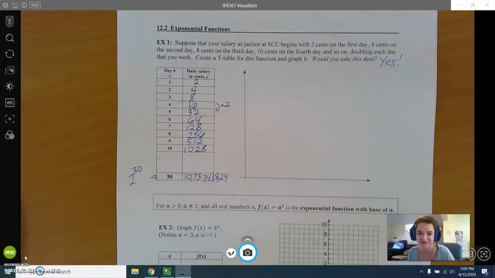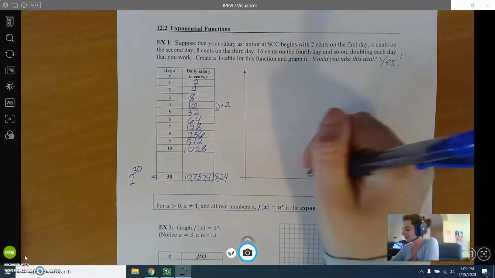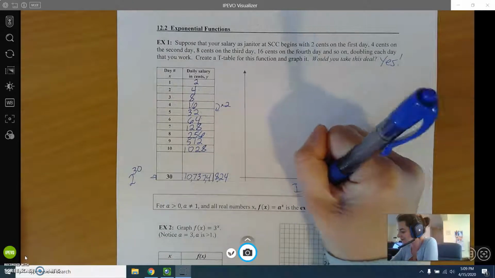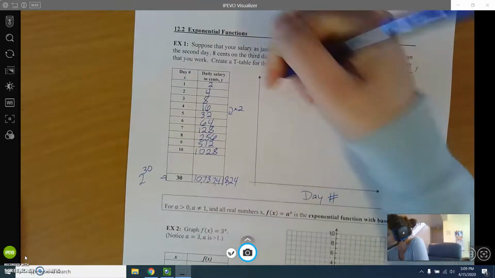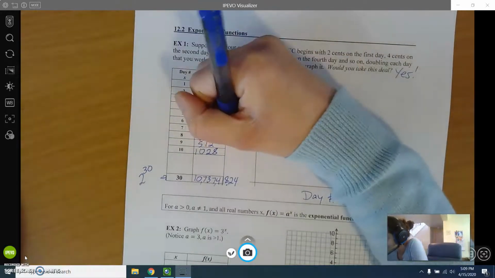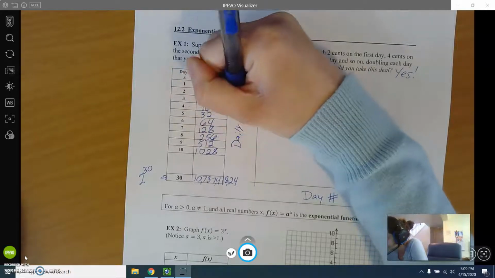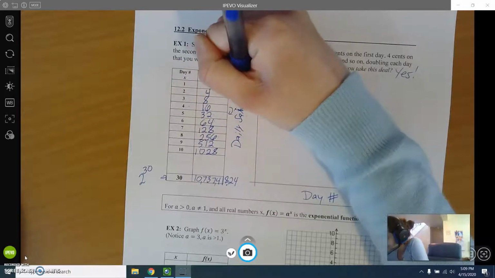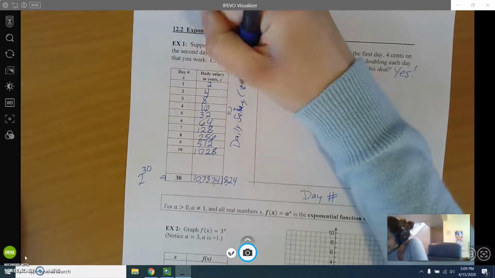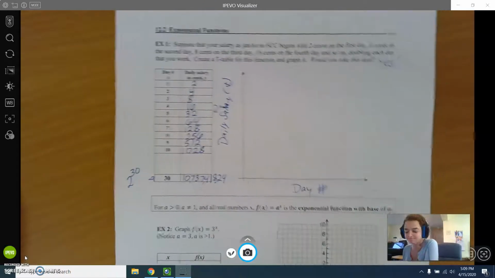So let's go ahead and graph it. So let's just graph the first few, okay? Because I think graphing all the way to 30 might be a bit much. Sound good? So let's see. Let's put our day number on the x-axis, and we'll put our daily salary in cents on the y-axis, okay?